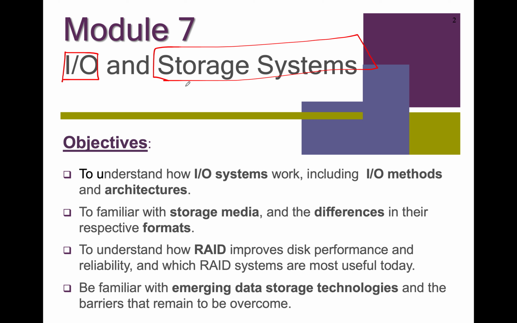Some of that is the input output. You need to have input and then you need to have output. And of course, later on you have the processor, and another one is the memory.